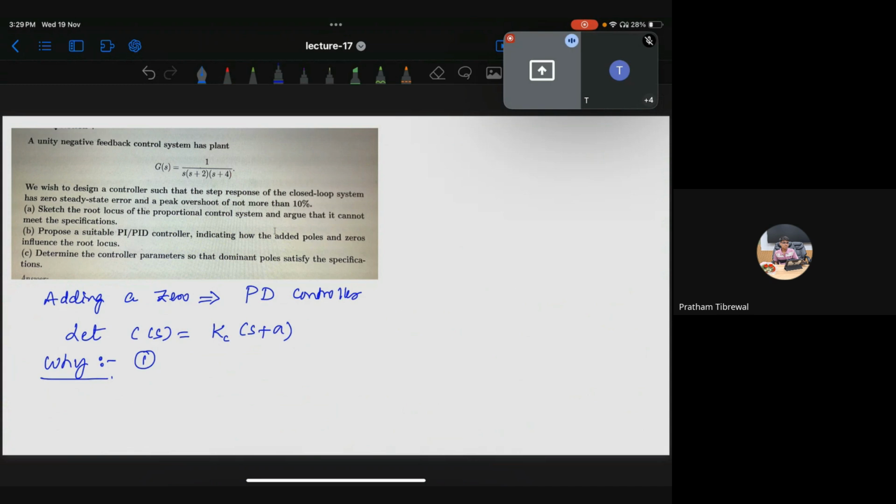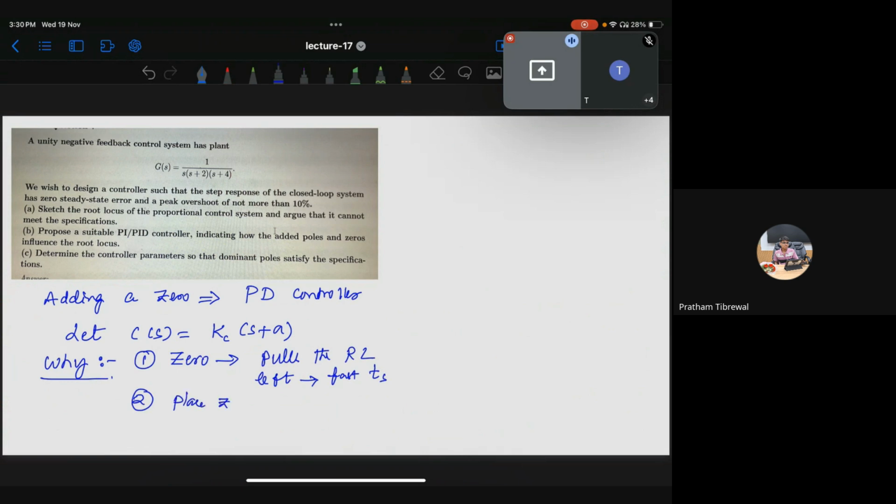First, if you add a zero, it pulls the root locus left. If it is pulling the root locus left, you will get a fast settling time.